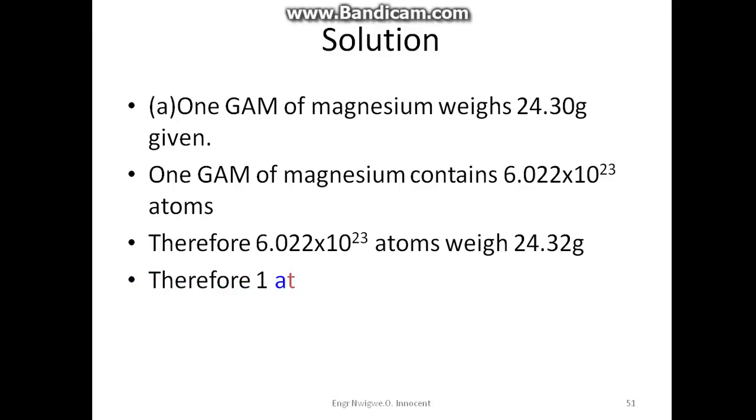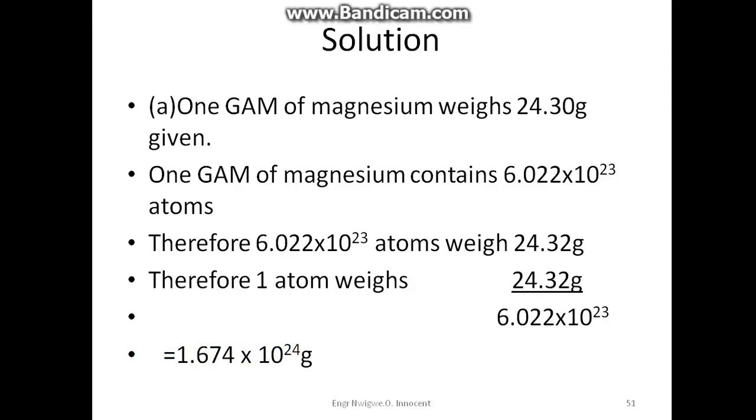Therefore, one atom weighs 24.32 gram over 6.022 times 10 raised to power 23. This then gives an answer of 1.67 times 10 raised to power minus 24 gram.